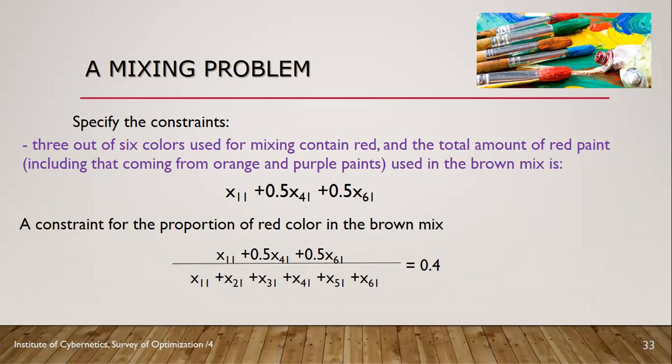That's why we have 0.5 as the coefficient for the volume of secondary paints. Here 4 and 6 stand for the secondary paints contained in the brown paint. The constraint for the proportion of red color in the brown mix is reflected by this ratio equation.